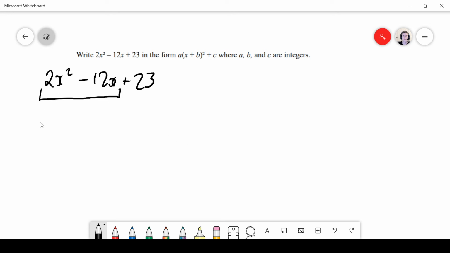So we're going to have 2 on the outside, and we're going to take 2 out as a factor. So we've got 2(x squared minus 6x), and then add 23 on the outside. This, we don't do anything with that right now. So we've taken out this 2, and then we want to complete the square as usual on the inside.